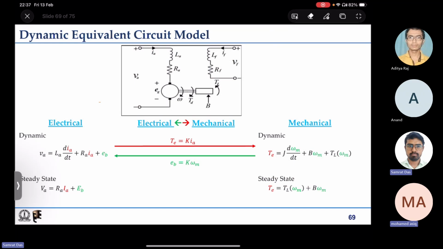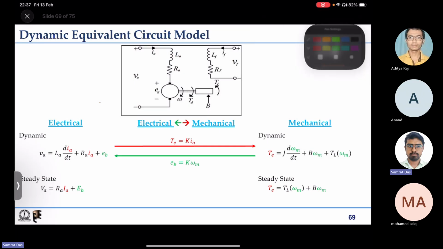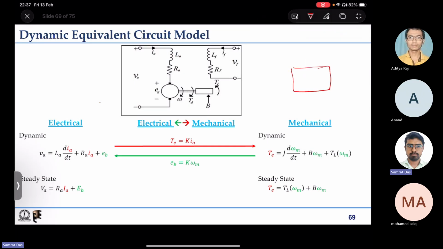Is it just a flat line? No, if it is a free rotating motor, say this is a motor, and it has a shaft. There is a rotor, and that has some shaft.